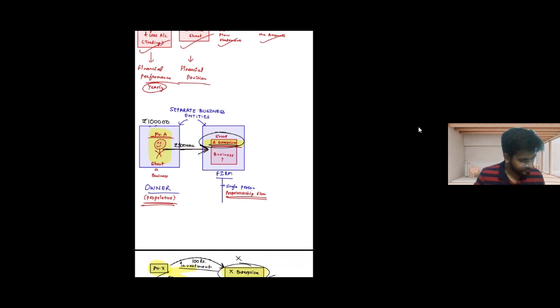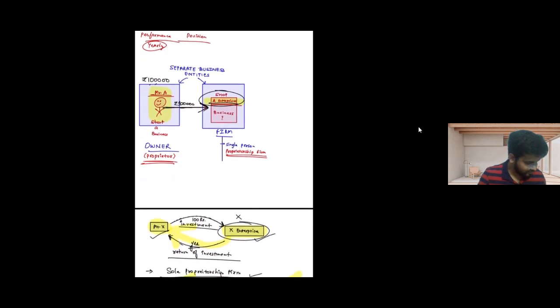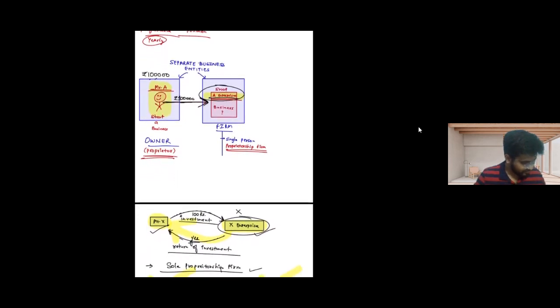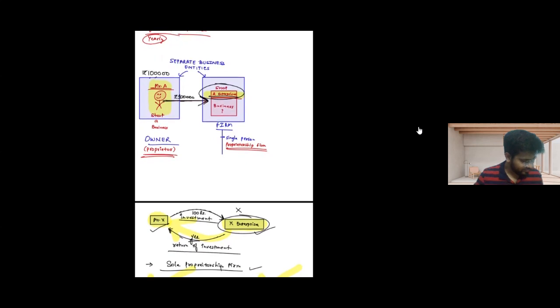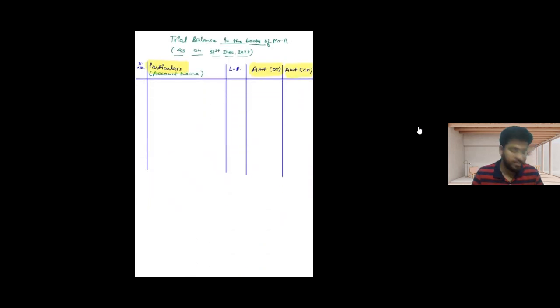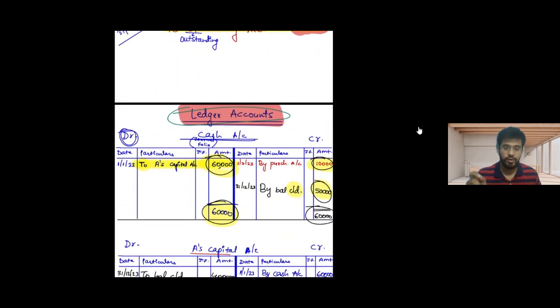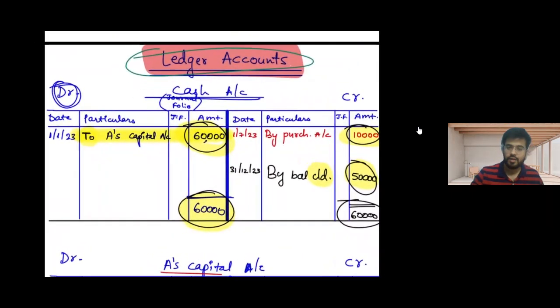Now on this tab I have the trial balance, and on another tab we have all the ledger accounts. See whatever I am doing, you have to do the same. Let's do it.